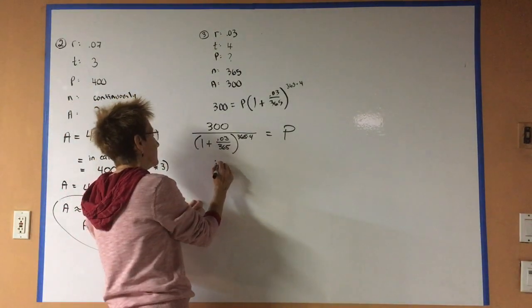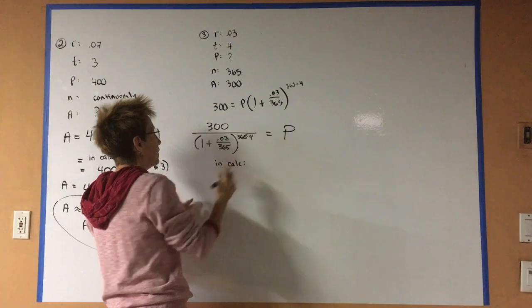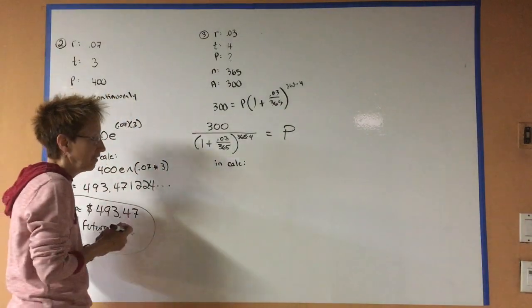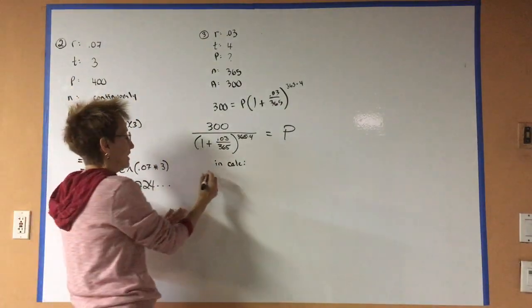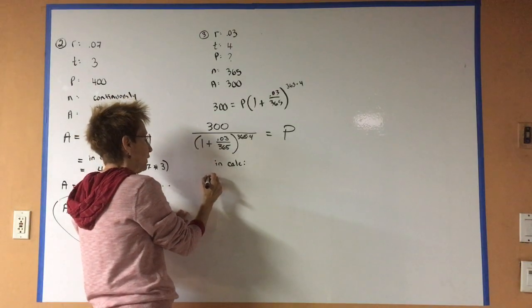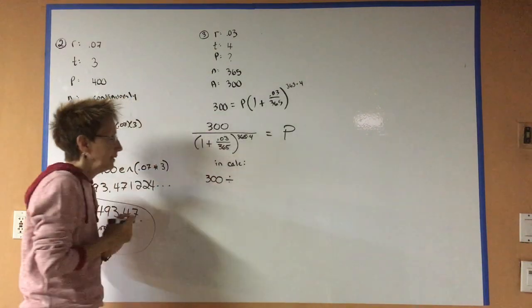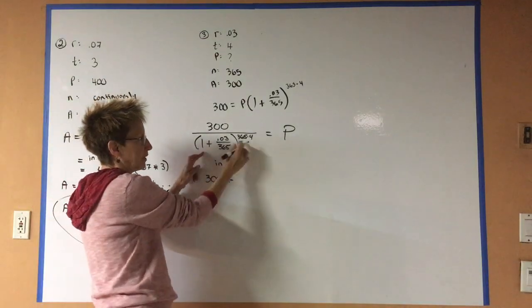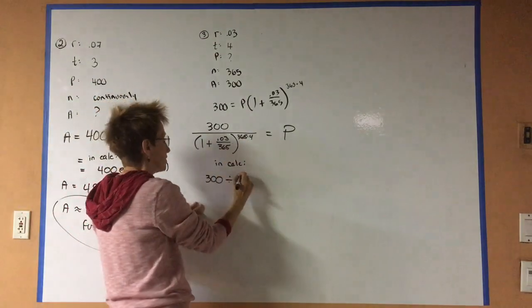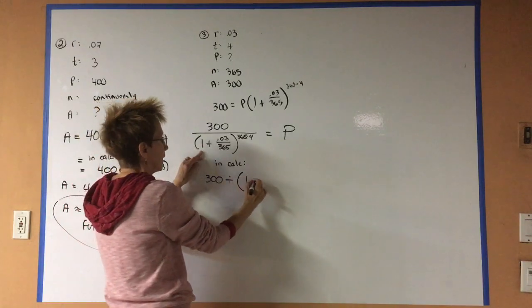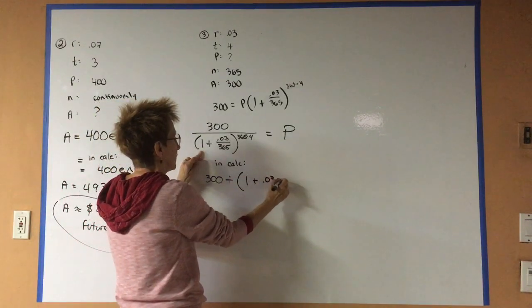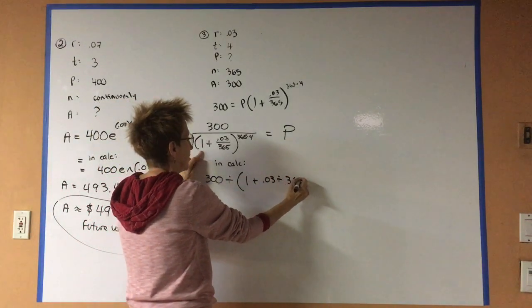So in the calculator, how do I write this in my calculator? Very, very carefully. So let's see. You could do 300 and then divide by, and I need these parentheses regardless because of that power, so I'm going to put in a parenthesis. I'm going to write 1 plus 0.03 divided by 365.